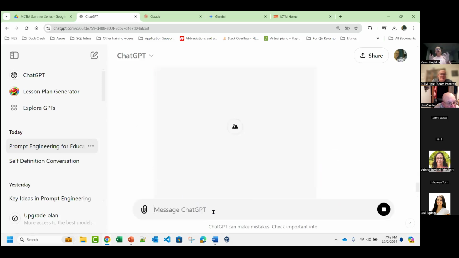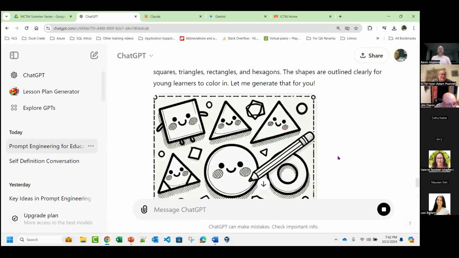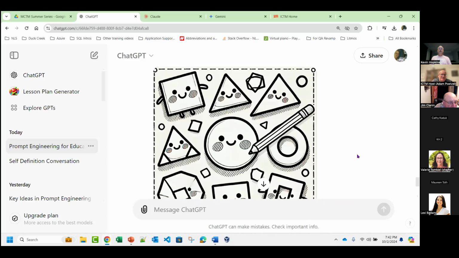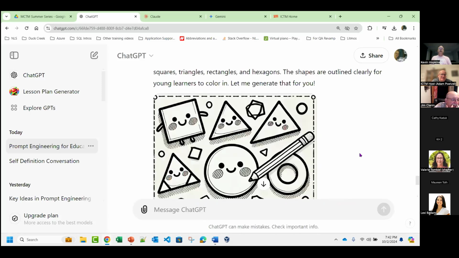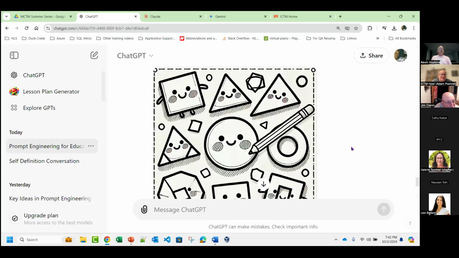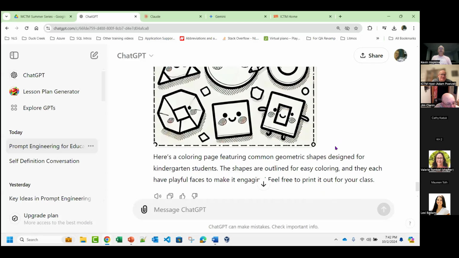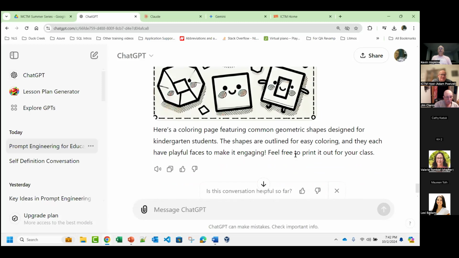If it'll give us triangles, squares, rectangles, some of those in a coloring page format. Well, it does with some smiles and different things. And so I've not tried it like with the smiles, but it does create something that I could see designed for kindergarten. They're easy coloring. They have playful faces to make it engaging. Feel free to print it out for your classes.